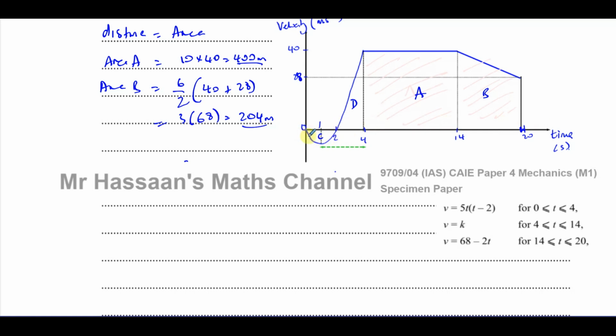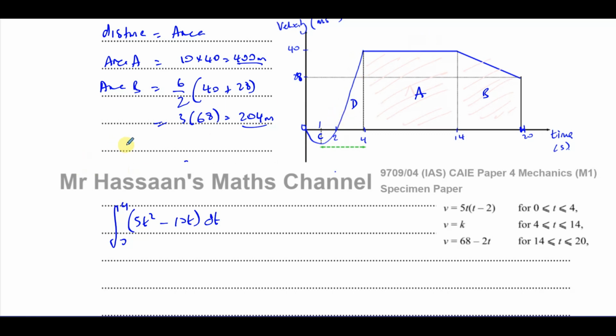So this means there's negative velocity, which if we just take the integral between 0 and 4 of 5t squared minus 10t with respect to t, is going to give us the displacement, the net of the area between these two. It's going to take this as a negative area, this is a positive area, and it'll add them together. It won't give us the distance, it'll give us the displacement.